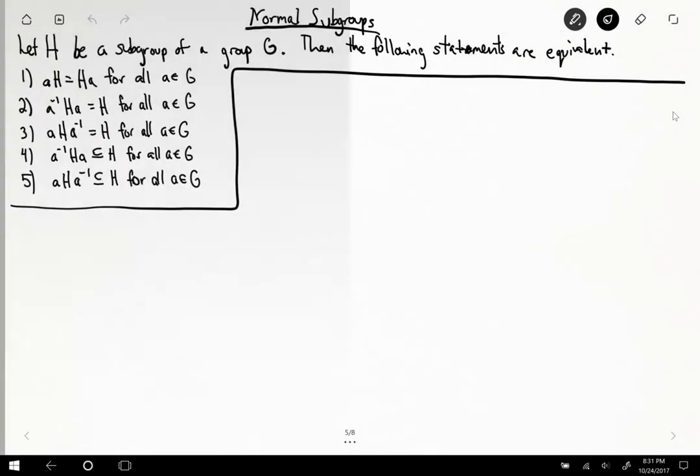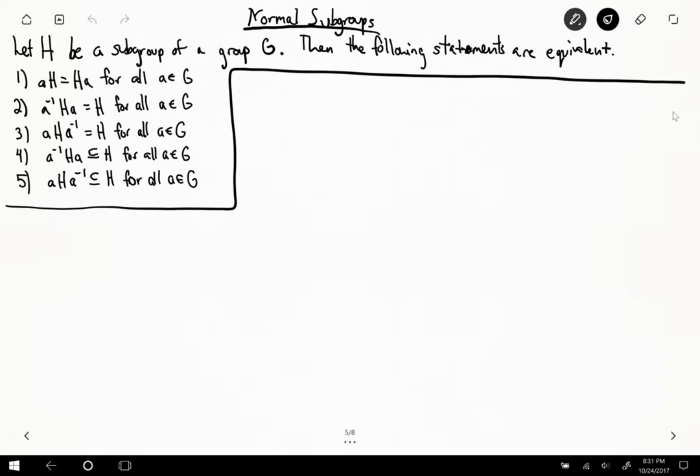So let's take a look at our next problem. This is a big one, and it's actually showing you a way to define normal subgroups. We're trying to show that all of these statements are equivalent. So how do we go about doing that? Well, the way we do it is we show implication after implication after implication.